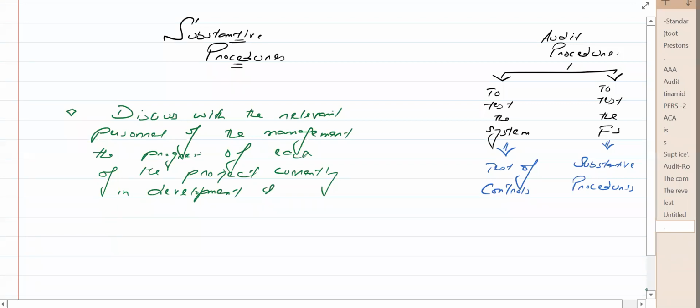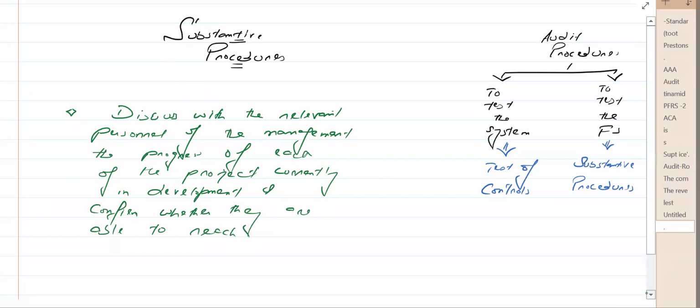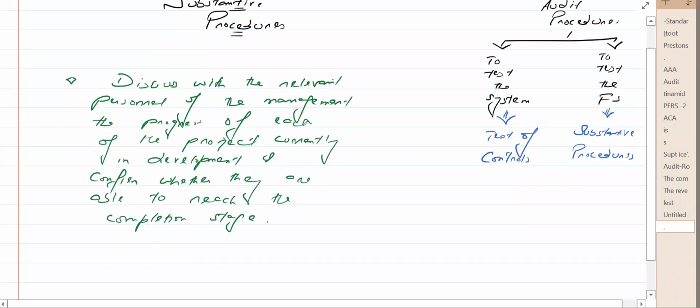and confirm whether they are able to reach the completion stage. Now, this thing can come to your mind, because they are the management.